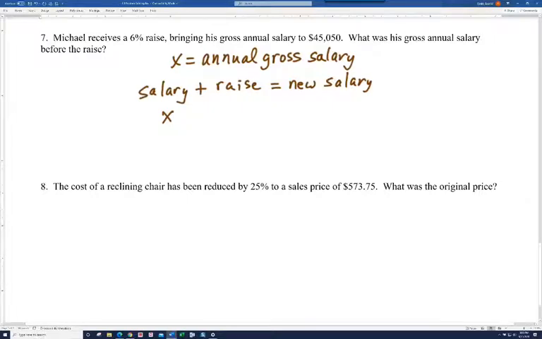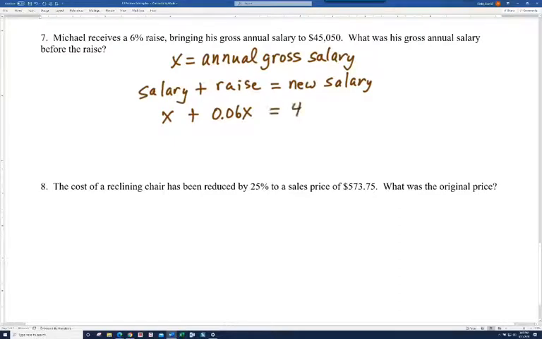Well, 6% of what? 6% of his salary. And so it's 0.06 times X. That's how you would represent 6% of his original salary. See, when you talk about a 6% raise, it's 6% of what? 6% of his original salary.